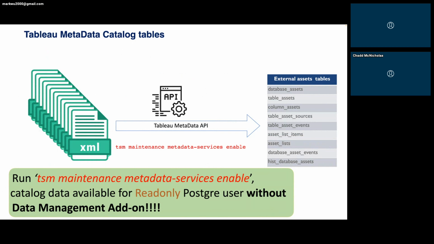You can query it already. The Data Management add-on is mainly for the UI. Users cannot see the data quality warning and so on in the Tableau dashboard. However, the data set is available to you as server admins by using the read-only Postgres user.